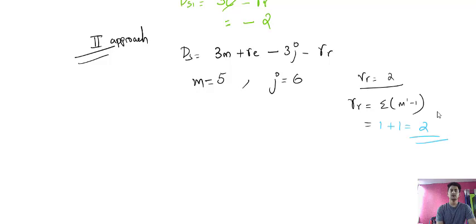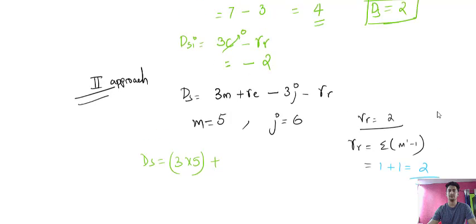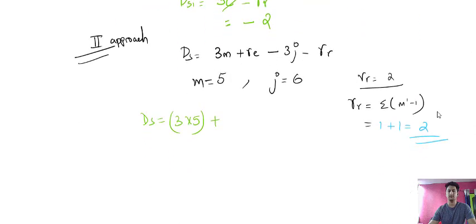Now simply put in the formula of DS: 3 times 5 plus Re. The external reactions here are 7. So external reactions 7 minus 3 times J value 6 minus Rr 2.